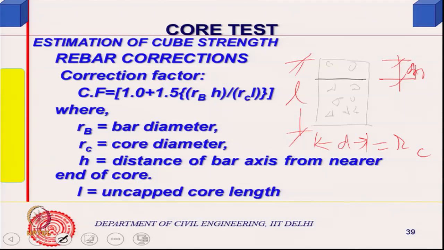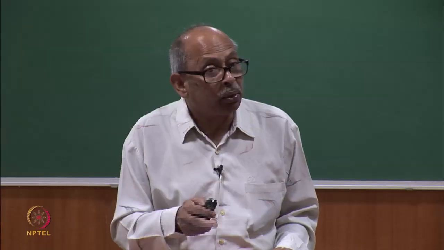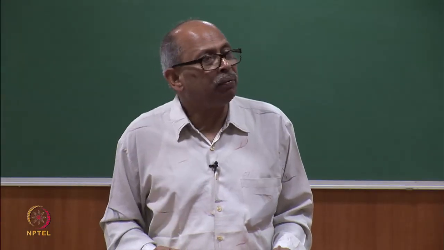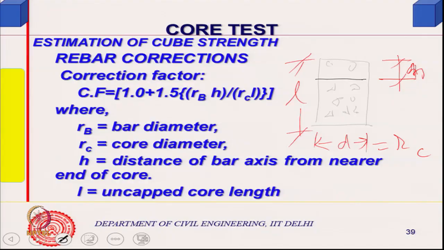While if you look at the Indian scenario, the British code was using this formula, and they have also given a correction for reinforcement. The reinforcement correction is given like this. You have this as your core, L is here, D is there, and you have a reinforcement here, which is at a distance h from the nearest face.